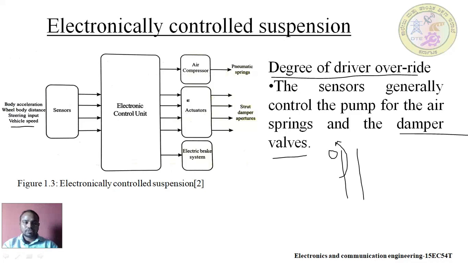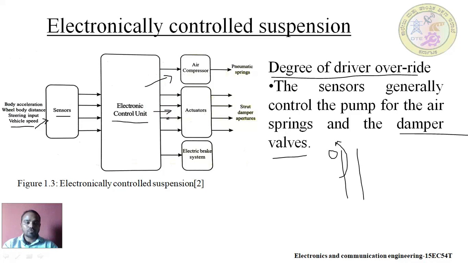Under that condition, the sensor gets the information from the vehicle speed, converts it into digital form and gives it to the electronic control unit. The electronic control unit gives the appropriate signal to either the air compressor or the actuator.